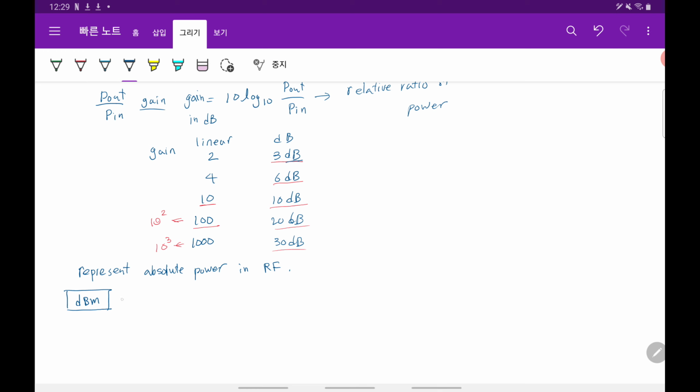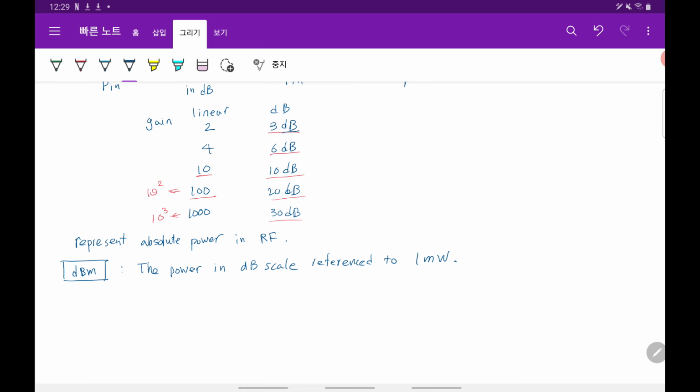The definition of dBm is the power in dB scale referenced to 1 milliwatt. So dBm is 10 times log 10 of P, where the reference is 1 milliwatt. So we call this dBm.